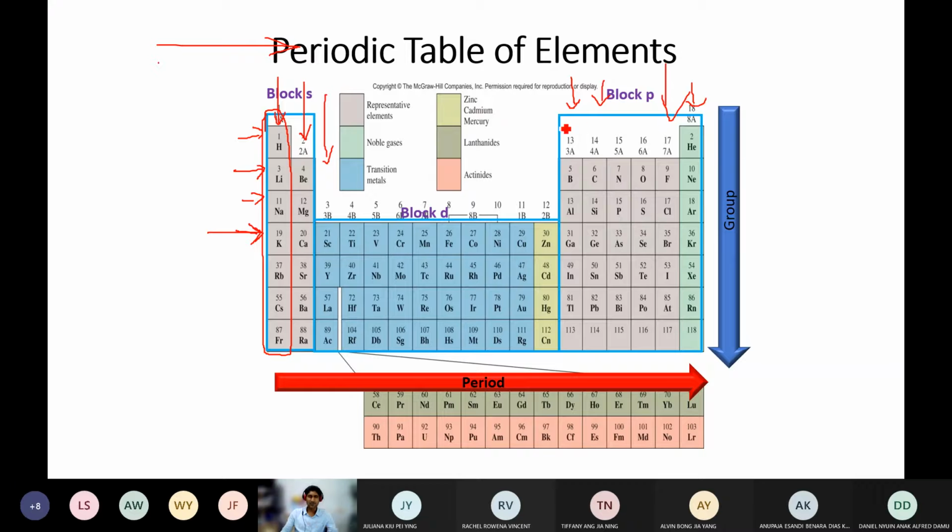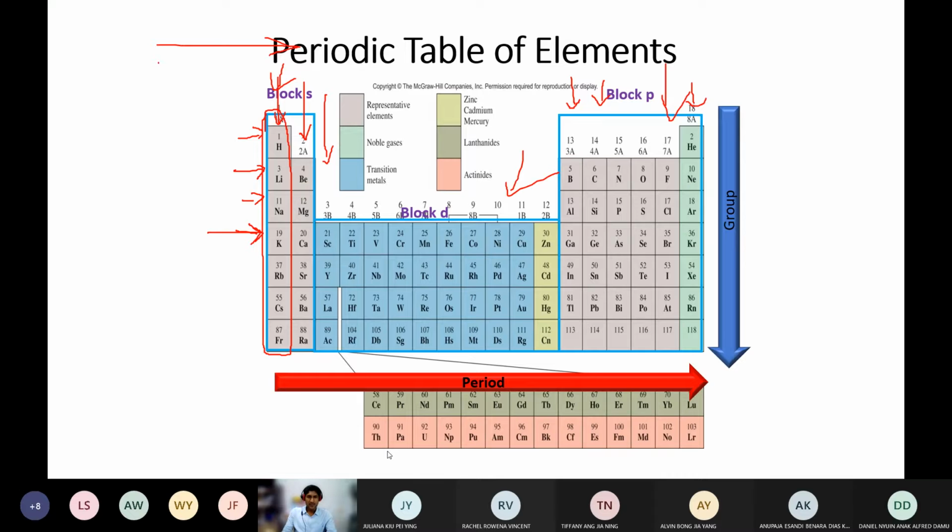For those elements here, the last orbital is D, and here is S. So in this way, we can put them into different blocks, actually not groups, blocks. And because of this type of electron distribution, configuration, and their position on the periodic table, their characteristics change. Their character will be different.